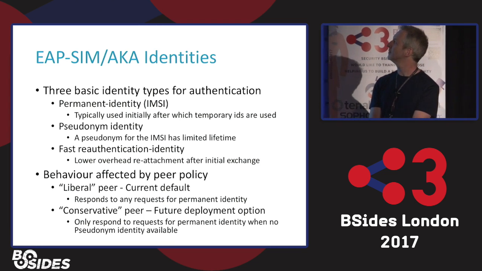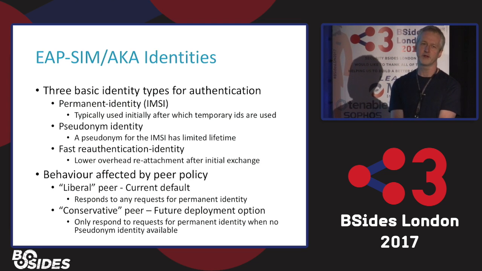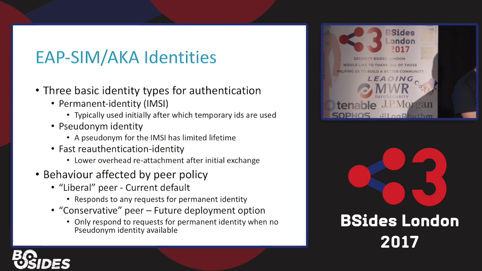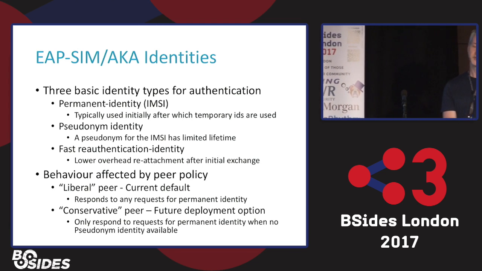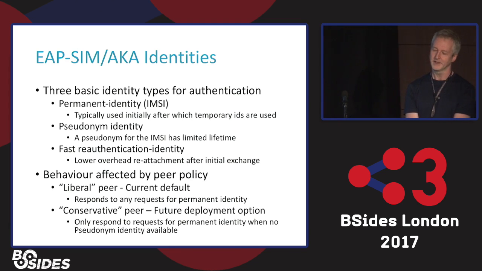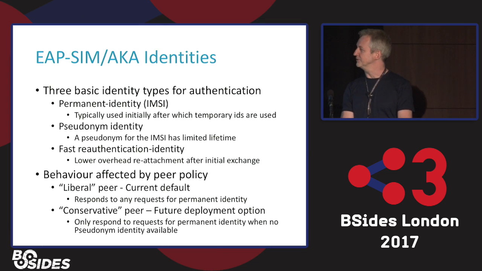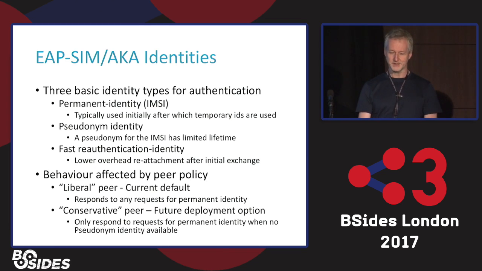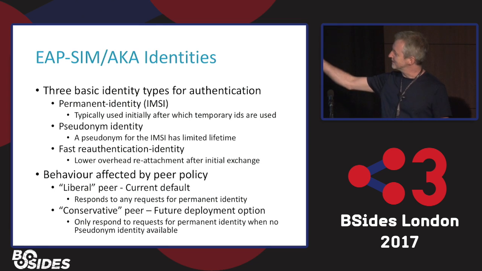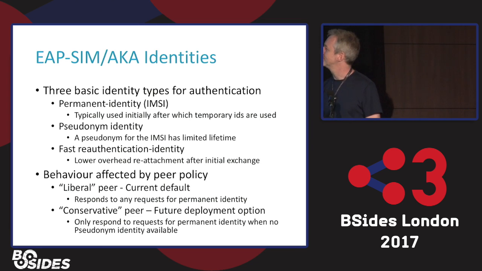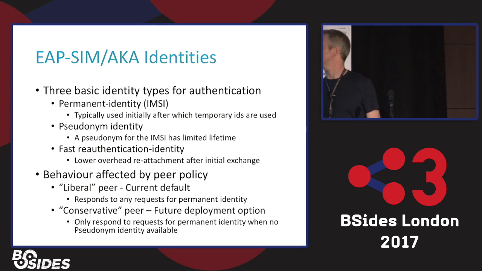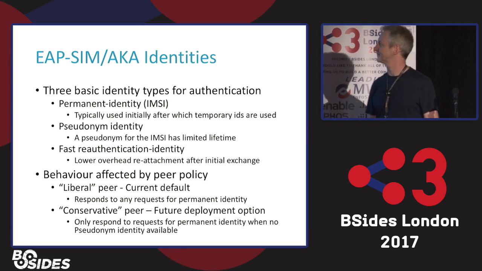So what's going on? You have three basic identity types for this protocol. You've got the permanent identity, which is the one we're interested in, the IMSI. This is used initially when the phone connects, after which a temporary ID is used, the fast reauthentication identity, which provides lower overhead for reattachment after the initial exchange.